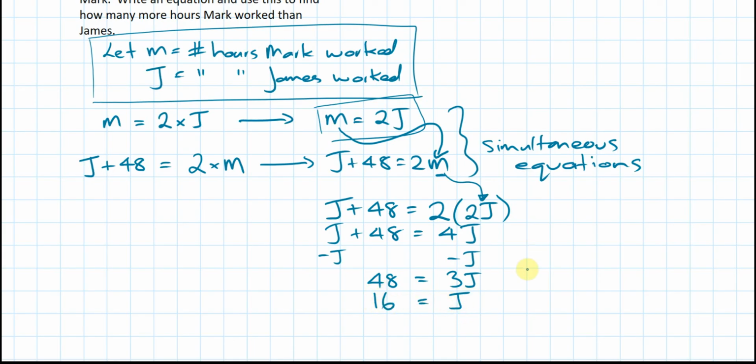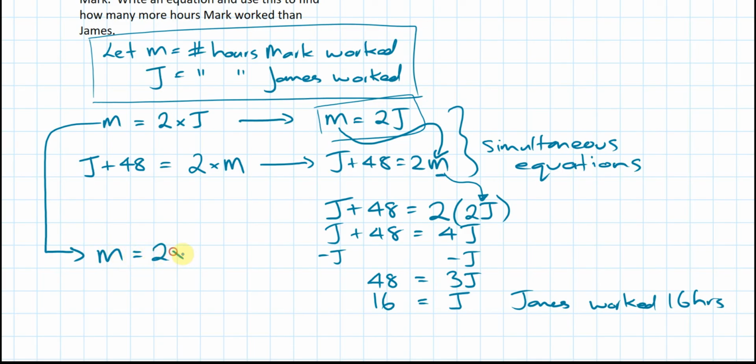So that means that James worked 16 hours. And we can work out from one of our original equations, if James worked 16 hours, then Mark would have worked 2 times 16, which is 32. Okay, we haven't finished the question yet.